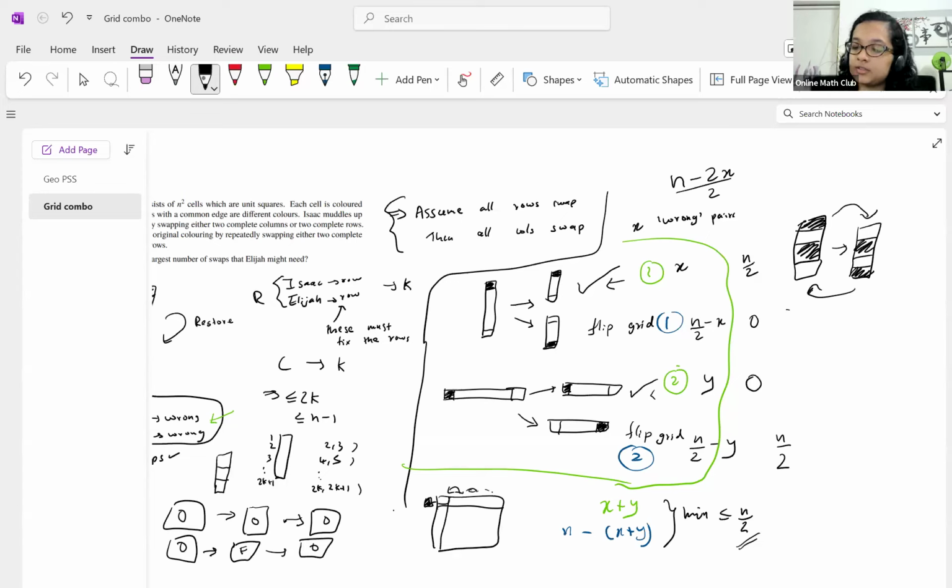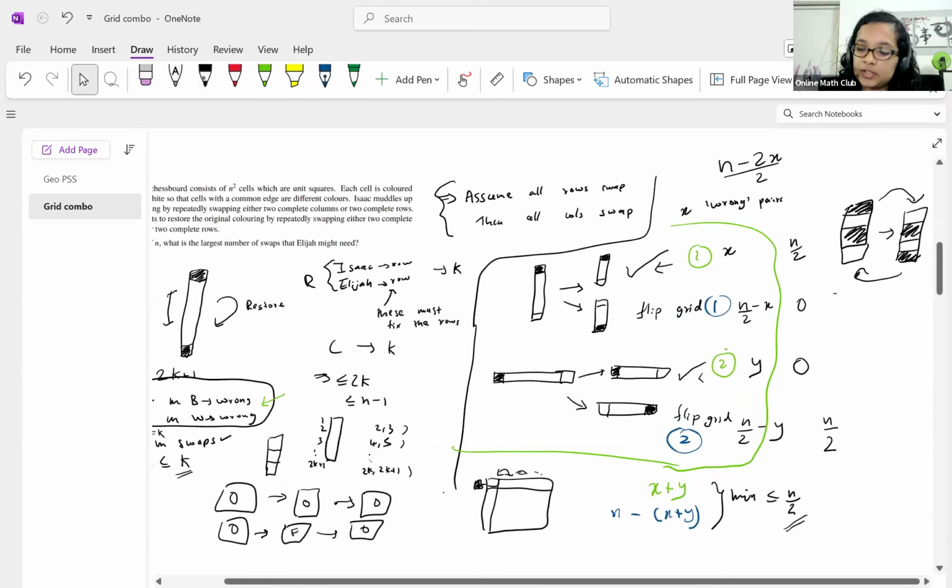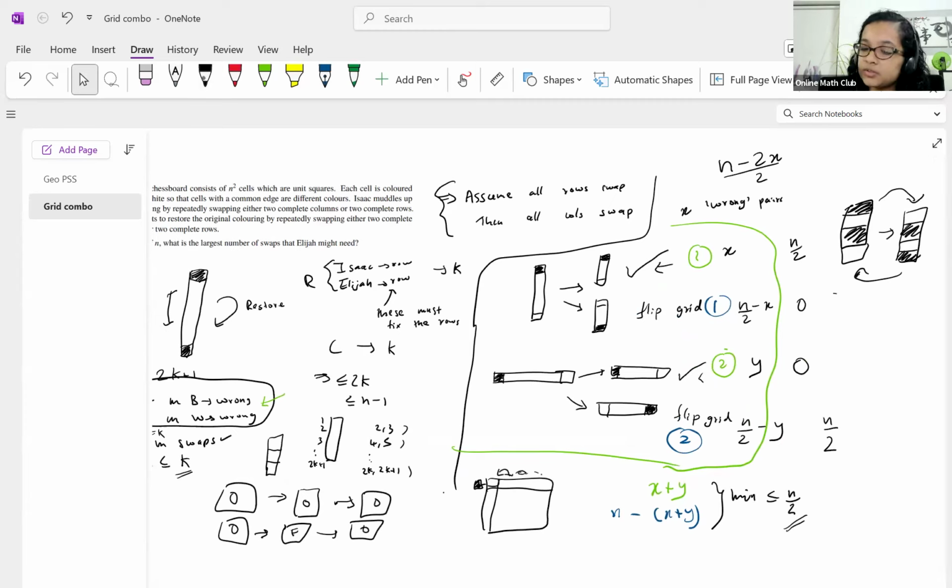I'll just explain this last part once more in case it was confusing. For the even case, I'll start from the beginning. We are first swapping some rows. Elijah is going to fix those in some way. Then Isaac swaps some columns and Elijah is going to fix those. When Isaac swaps the rows, each column is going to change in some way.